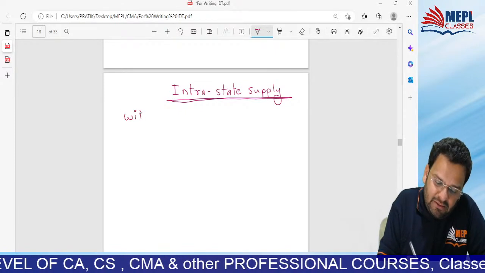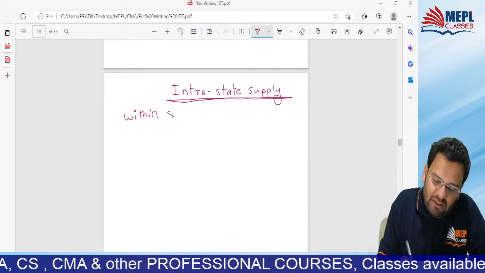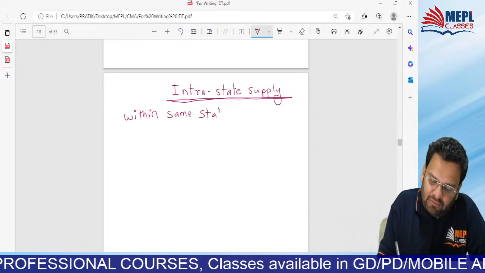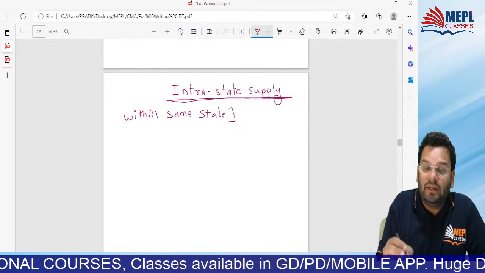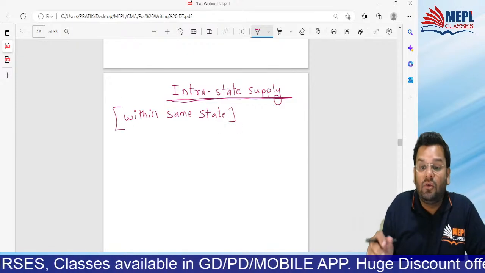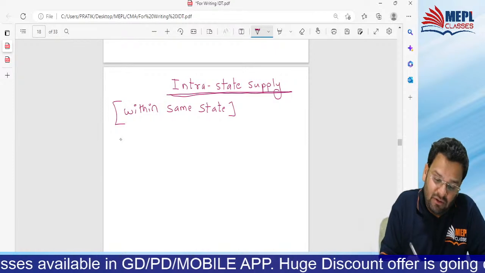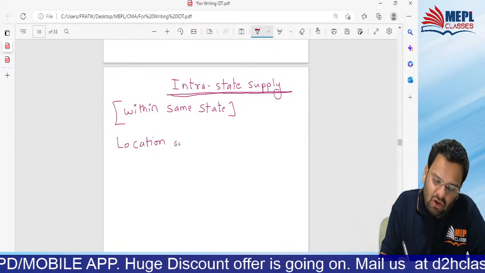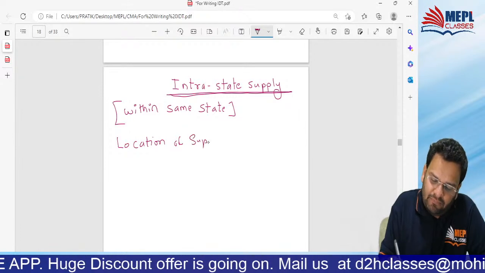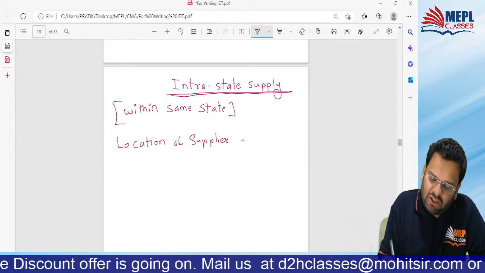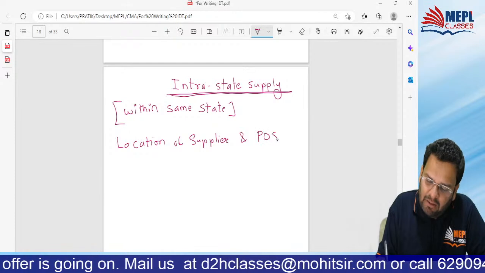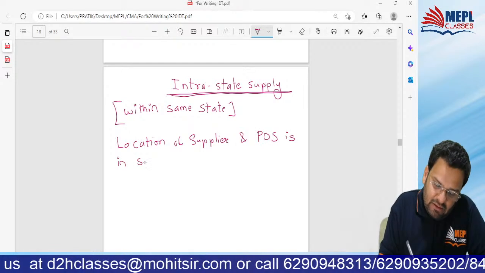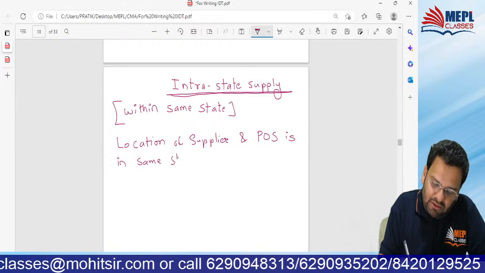Intrastate supply means within the same state. What it means is the location of the supplier and the place of supply are in the same state.